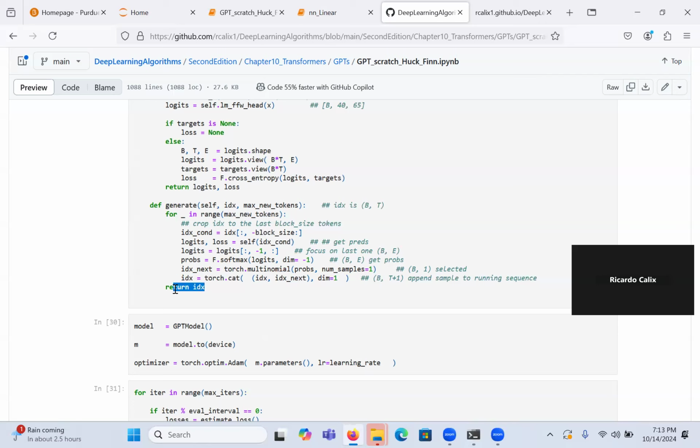Notice that IDX will have the initial thing plus what it predicted, right? So whatever you gave it, let's say the 10 indices that you gave it, it's going to return that back plus what it continues predicting after that. And that's basically the generate function. Any questions?